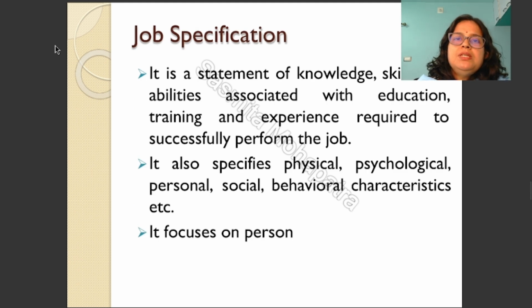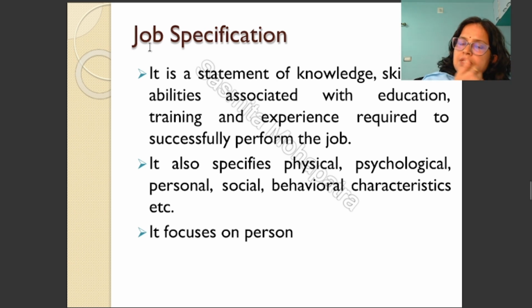Job specification is specifying what knowledge, what skill and what educational level is required to perform that particular job, and what experience the person needs. It also specifies the physical, psychological, personal and social behavioral characteristics of the person who is supposed to work for that job.